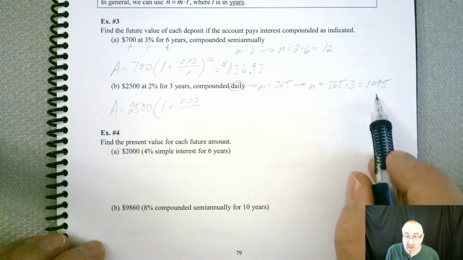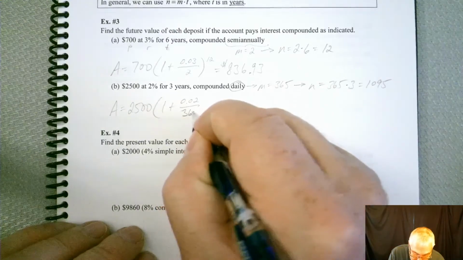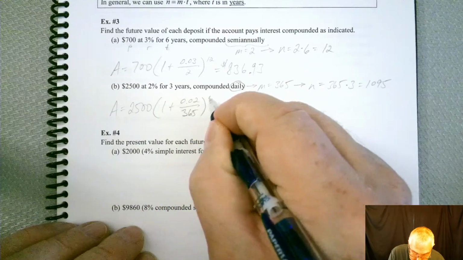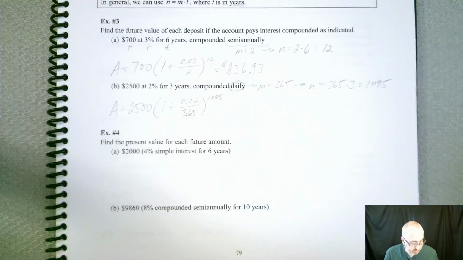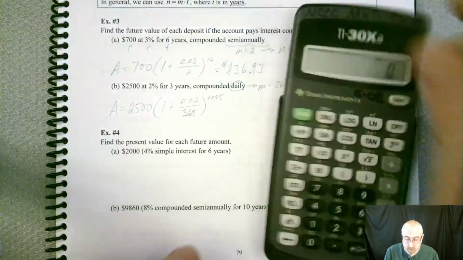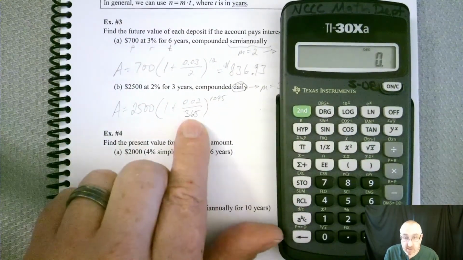So we got a really huge exponent. So M is on the bottom, and N is the exponent. All right, let's see what this does. All right, so start with the fraction.